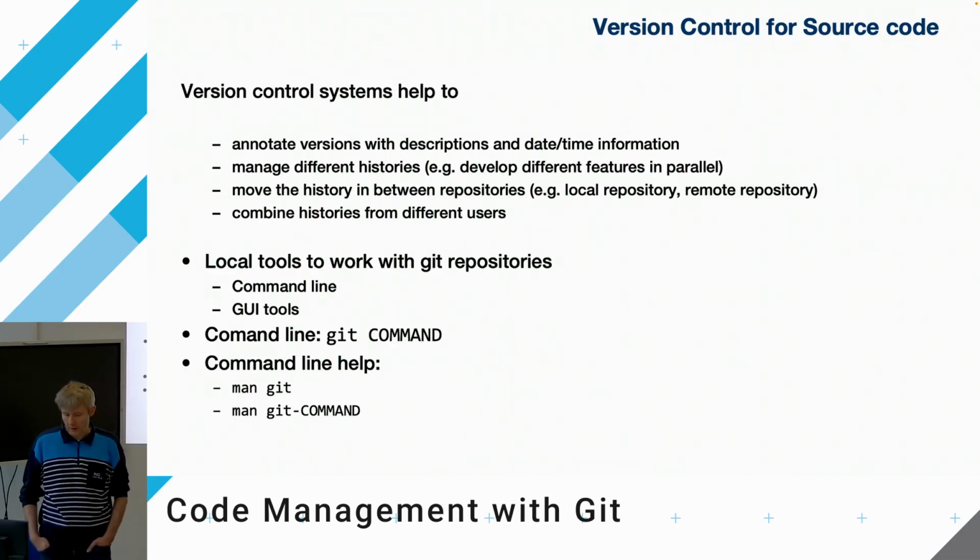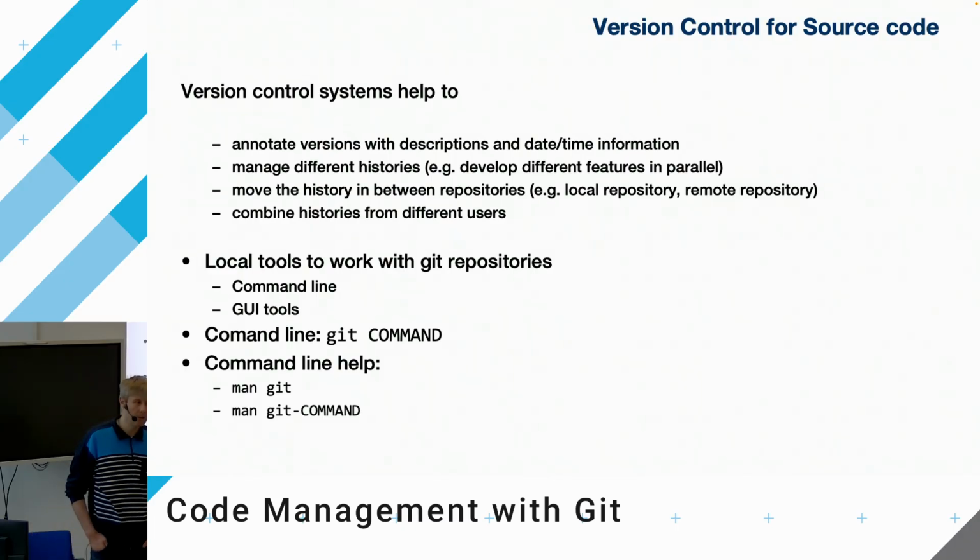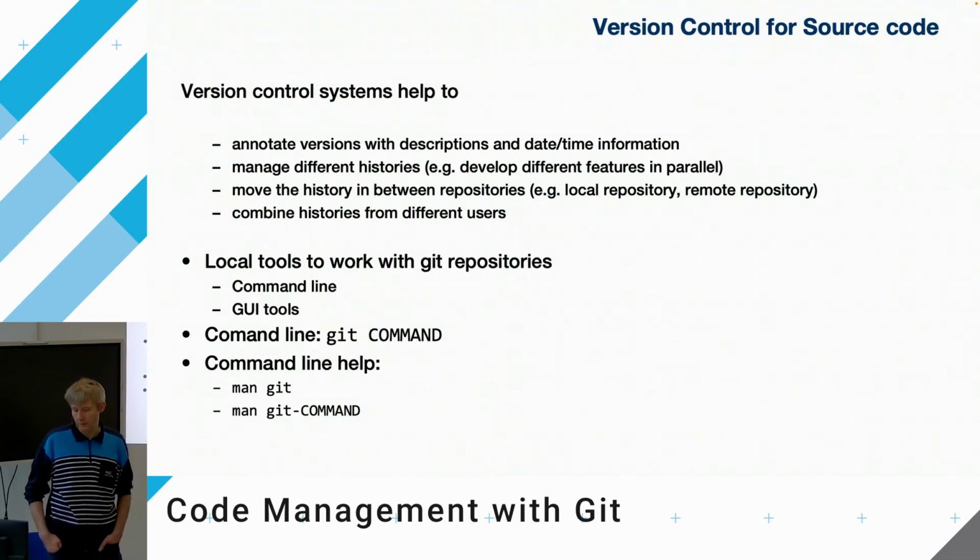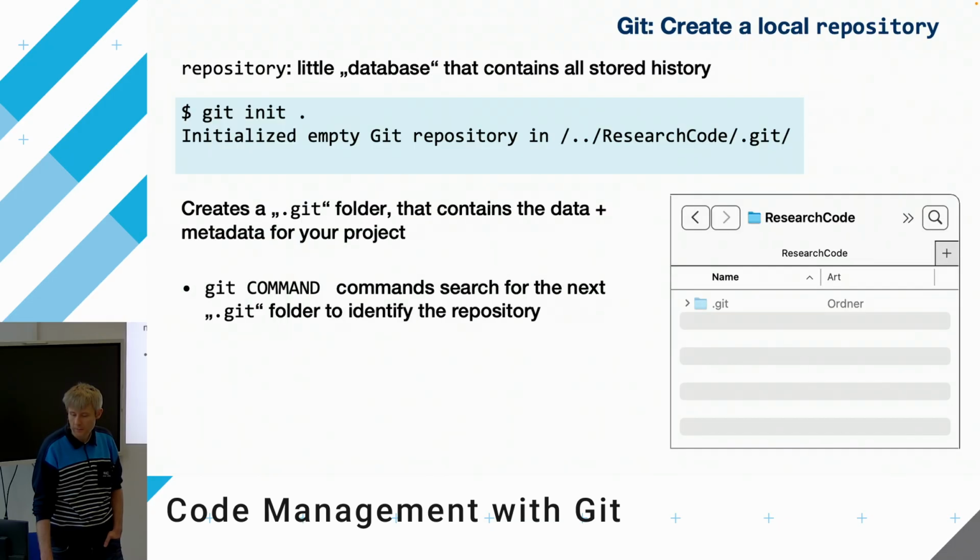So for Git, you find some help in the man pages. For the general overview of the subcommands, you can use man git, but there's also man git minus the subcommand. For every subcommand, there is its own man page that will help you and describe what the subcommand is doing and all the arguments and so on.